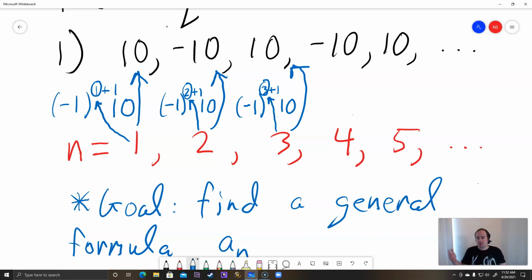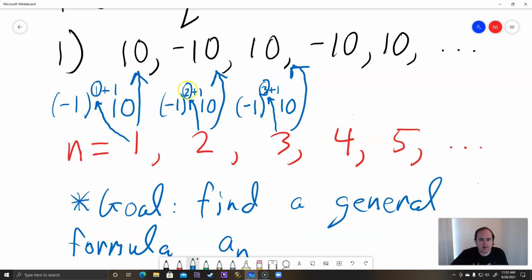Okay, so we noticed that there was alternating signs, so we went ahead and wrote it as negative 1 to a power times 10. And the reason we keep multiplying by 10 is notice that 10 is actually the number for all of these. All that's really changing from each term is we go from plus to minus to plus to minus. And that's how we got that power of negative 1. Okay, so I think we can see a pattern here.